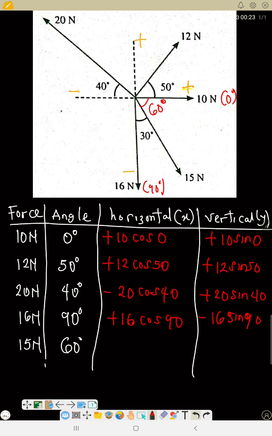For 15, to the horizontal is plus, to the vertical is minus. So that will be plus 15 cos 60, minus 15 sin 60. So we are through with all the resolution now.